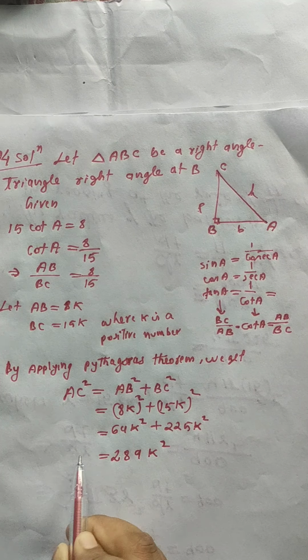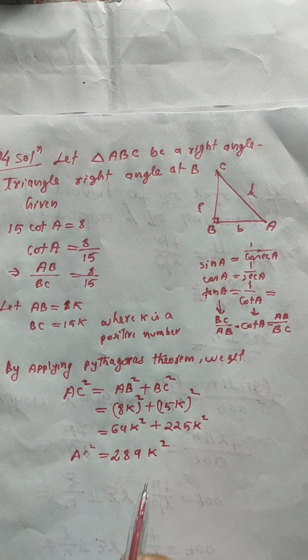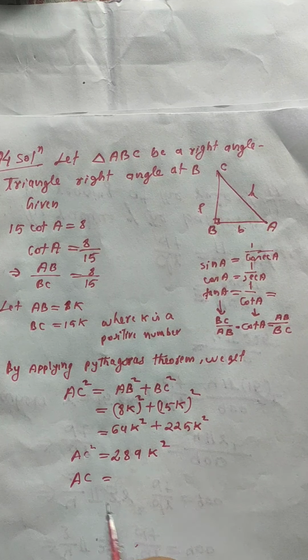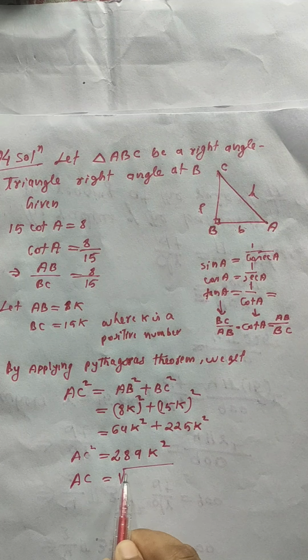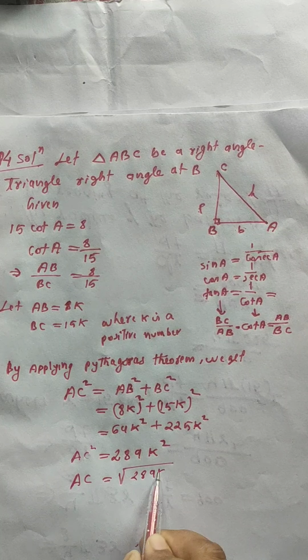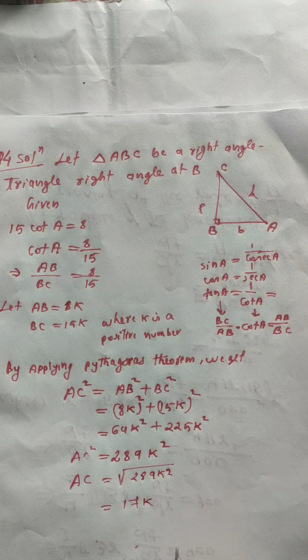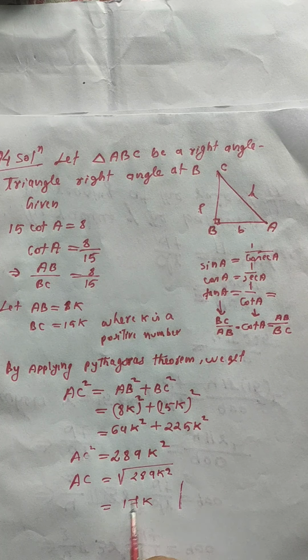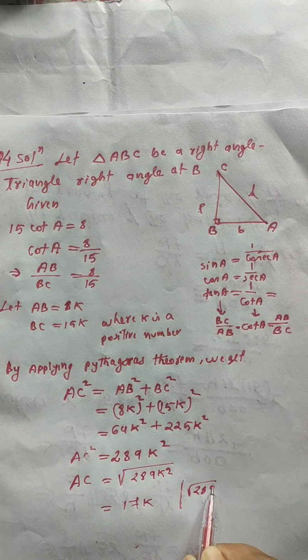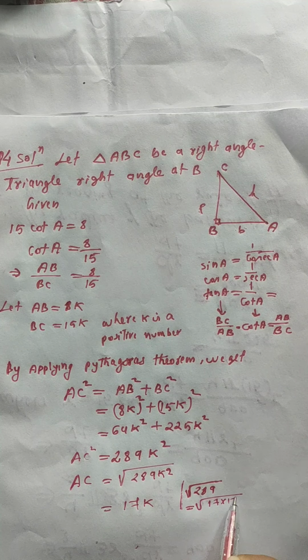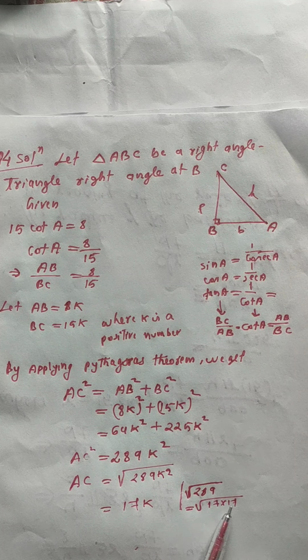Now AC square equal to how much? 289K square. Now AC equal to, we have to put here root over 289K square. Now what is the root of 289? It is 17K, isn't it? How it happened? 289, we can write 17 into 17. 17 into 17, how much? 289.